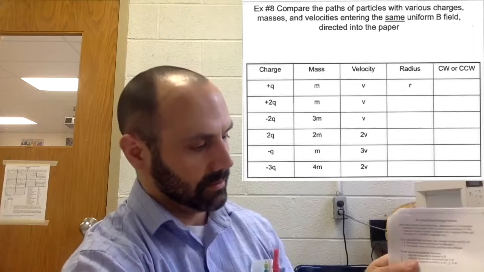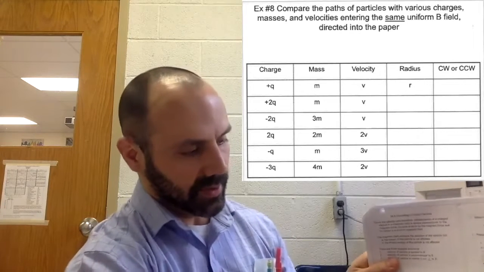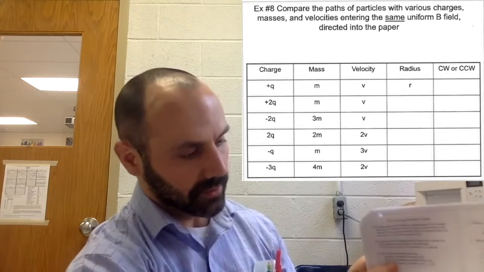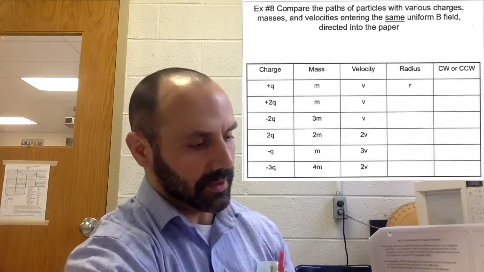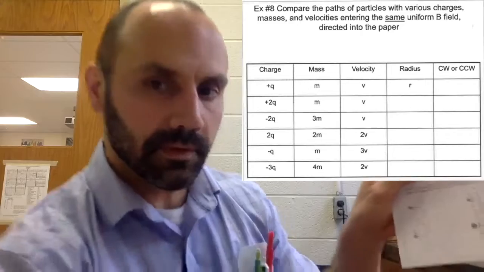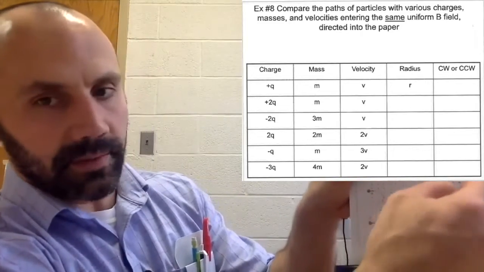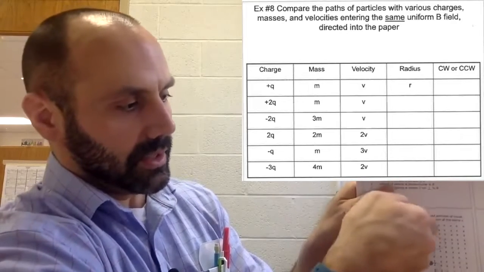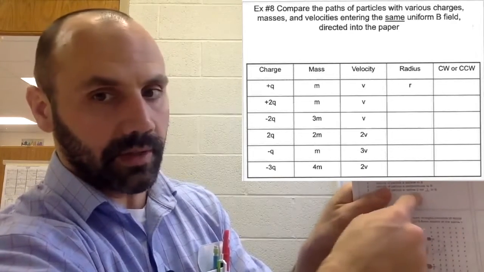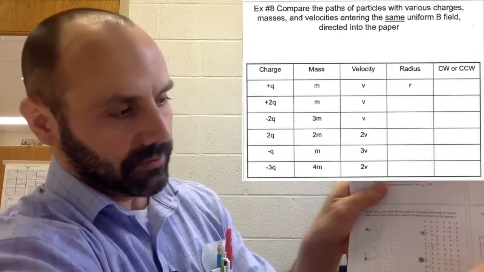It's coming in, but since it's into the paper, positive Q would be that way into the paper, so it would produce up. That would be counterclockwise, like this one, right? B is into the paper, V is going that way, up, so that would produce a counterclockwise radius going that way for this first one.